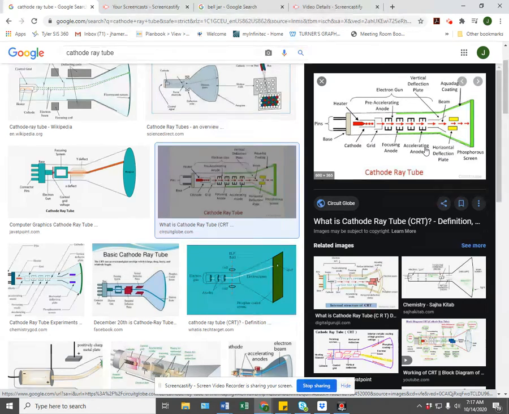A cathode ray tube is one of the first pieces of equipment that led to TVs. Early TVs had these huge cathode ray tubes in them, and that's how they projected the images on the screen. So this work not only led to information about the atom, but it led to the development of something that is all over our everyday lives. All right, so that's a cathode ray tube.